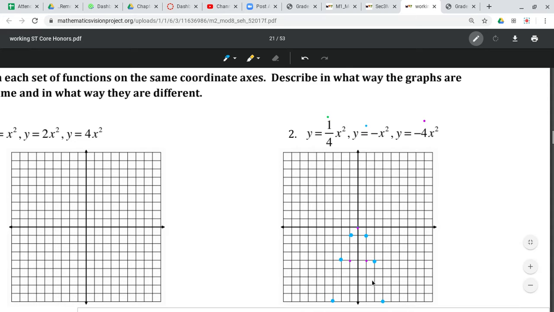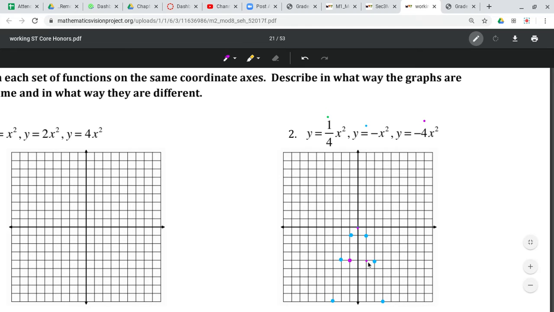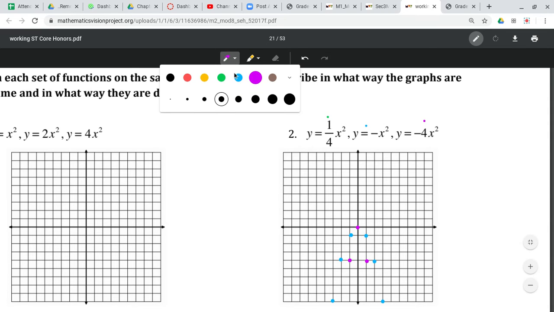There we go. Do the same thing for the purple one. Now remember, the blue one and the purple one both share the point 0, 0. Okay, back to our last one, our green one here.